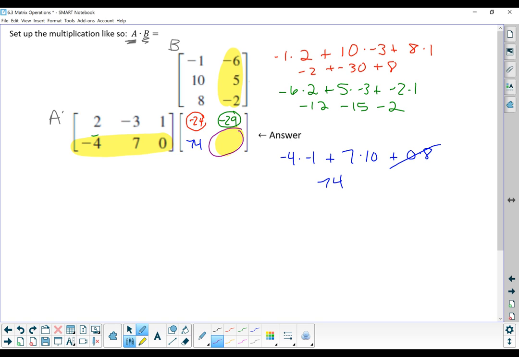So we're finding this spot. We have negative 6 times negative 4. We have 7 times 5. And we have 0 times negative 2. And that's going to give us 0. So we have positive 24 and positive 35. So that's 59. So that's the way that you'll get each of your answers.